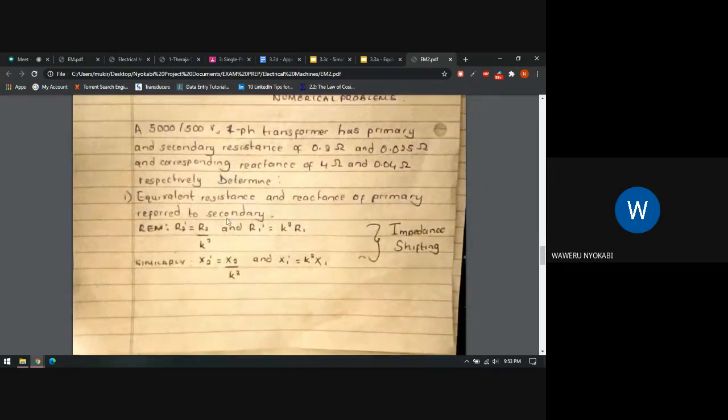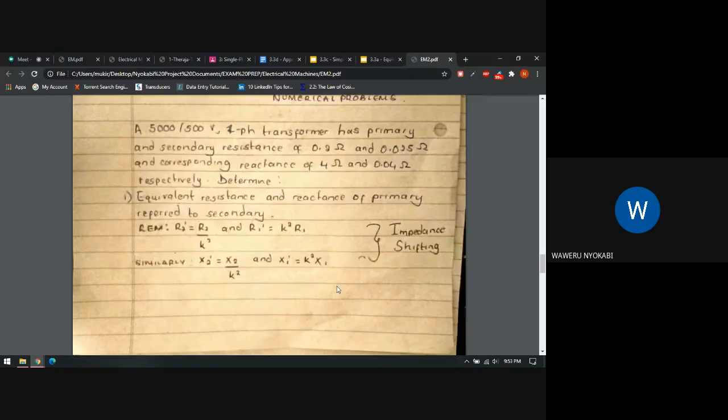Similarly, it also applies to the reactances, just the same relation. X2 prime would be X2 over K squared and X1 prime would be K squared X1. When you're moving both the resistance and the reactance, then it's called impedance shifting, because you're shifting.